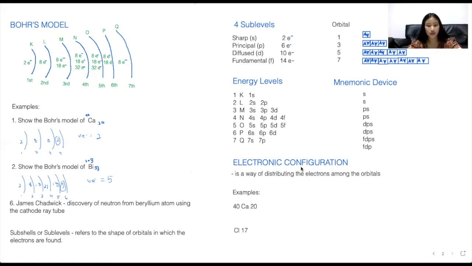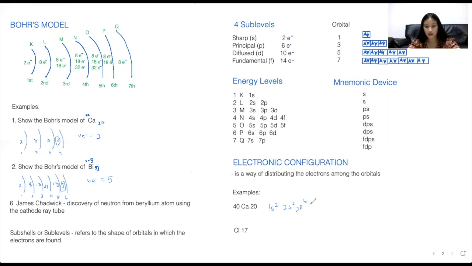Electronic configuration. Electronic configuration is a way of distributing the electrons among the orbitals. For example, we have Ca-20. So let us do it together. 1s2, 2s2, 2p6. This is the number of electrons that we are distributing here.